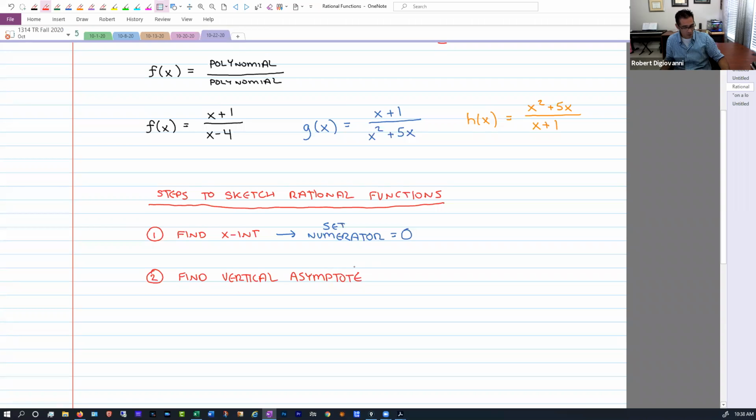Don't try to pronounce it, just say it real fast and no one will know you're messing it up. The M's kind of silent and the P's kind of silent. It's like asymptote, whatever. We find the vertical asymptote. Now, to do this, we will set the denominator equal to 0.